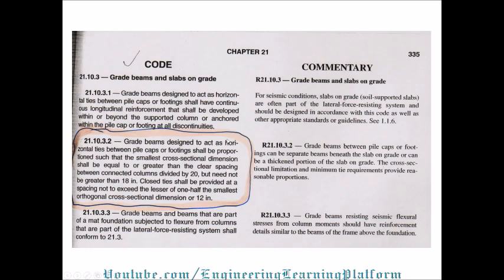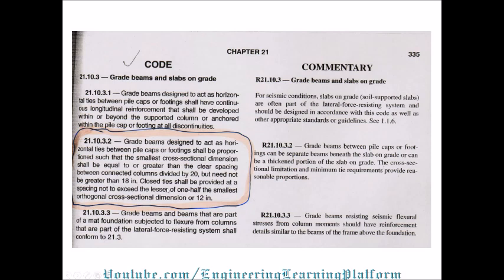Similarly, the grade beams are designed to act as horizontal ties between the pile caps or footings, with proper dimensions such that the greatest cross-section dimension shall be equal to or greater than the clear spacing between the connected columns divided by 20, but need not be greater than 18 inches.